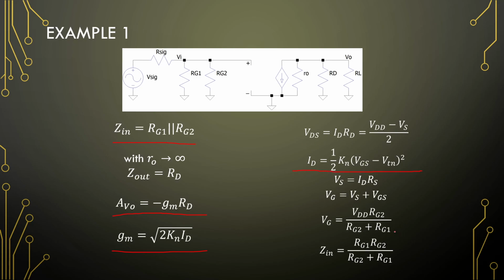Building an amplifier, we assume we are in saturation, so ID is half Kn times VGS minus VTN squared. VS is IDRS and VG is VS plus VGS. And these two equations, the voltage divider to give us our gate voltage and the input impedance, solved simultaneously will give us our two gate resistors.